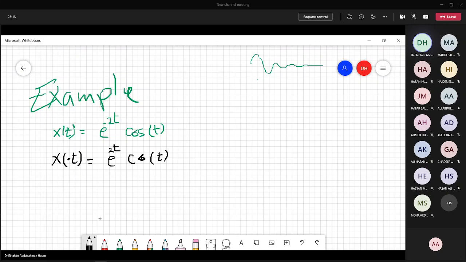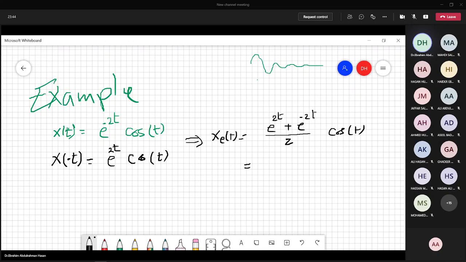So then the even part is equal to the summation of these two divided by 2. If you add these two, we can take cosine t as a common factor, and the addition of these two divided by 2. So then we will get e to the power of 2t plus e to the power of minus 2t divided by 2.